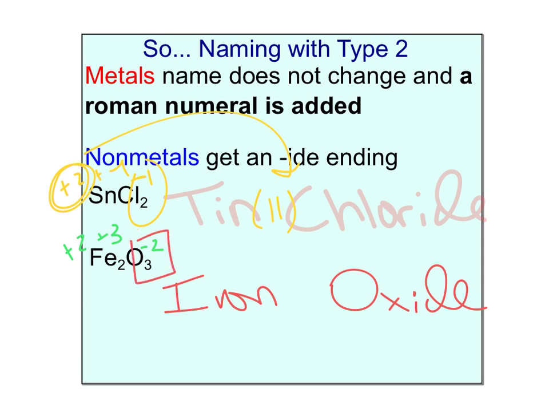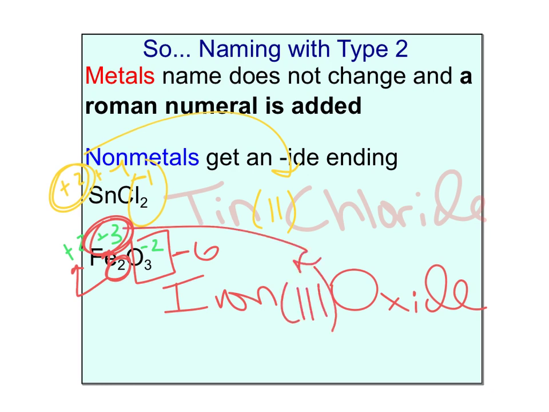There are 3 -2 oxygens. So if there's 3 -2s, that's going to be an overall charge of -6. Now, I already have 2 irons. So would it make sense to have 2 +2s or 2 +3s? In this case, 2 +3s, because that also equals 6. So I'm going to include a Roman numeral of 3.